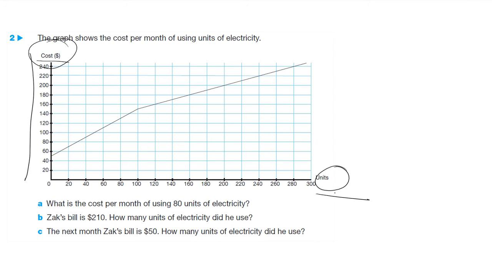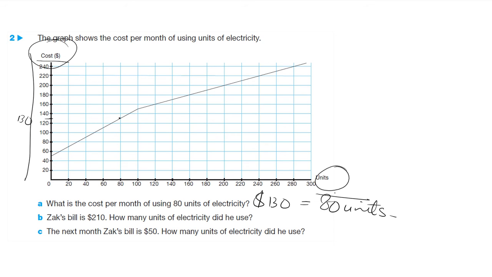For 80 units, you can see that it's exactly between $120 and $140, and that's $130. So you can say that 80 units cost $130.